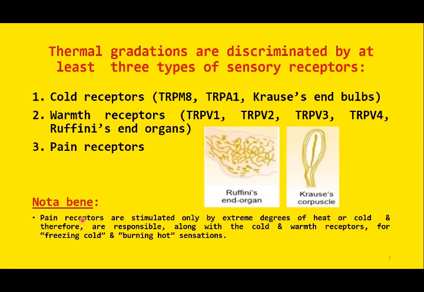So the thing to remember is these nociceptors are stimulated by extremes of temperature, either very hot or very cold. So extreme or freezing cold sensation or very hot or burning hot sensation may stimulate these nociceptors, and these nociceptors are of thermal nature.